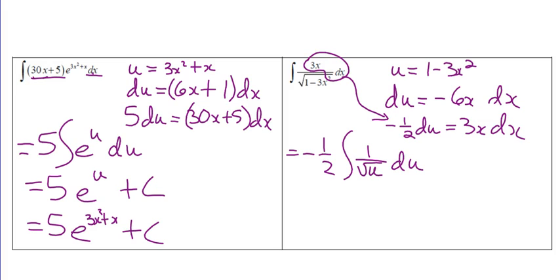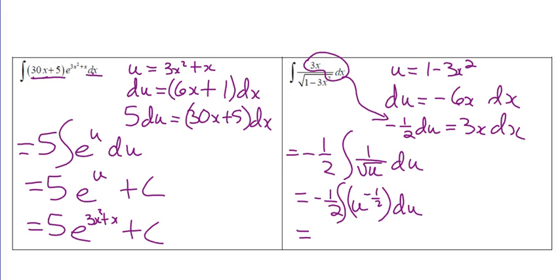So now what we're going to do is the antiderivative of this. So we could write this as the integral of u to the negative 1/2. All right, so now we can use our anti-power rule, right?